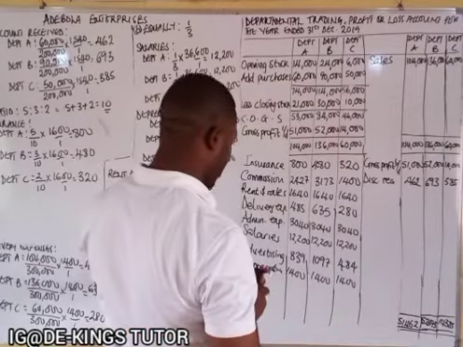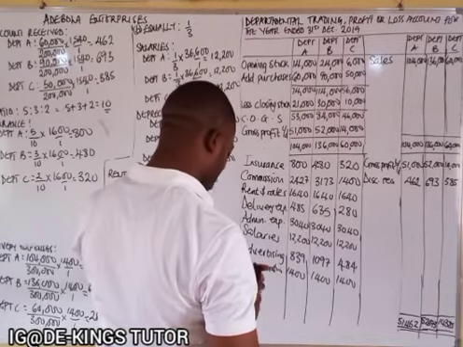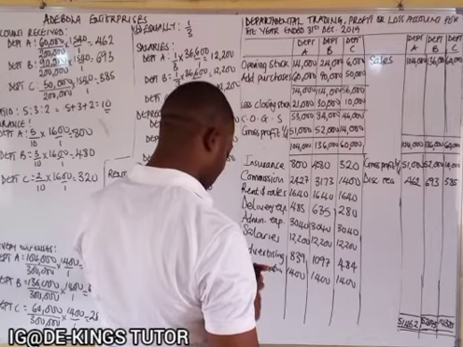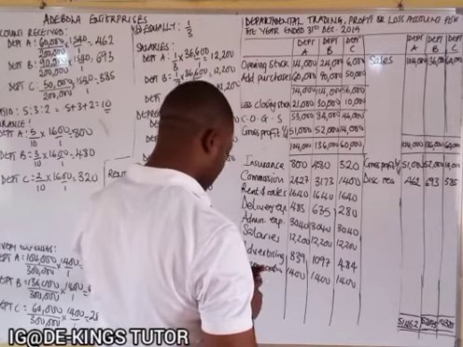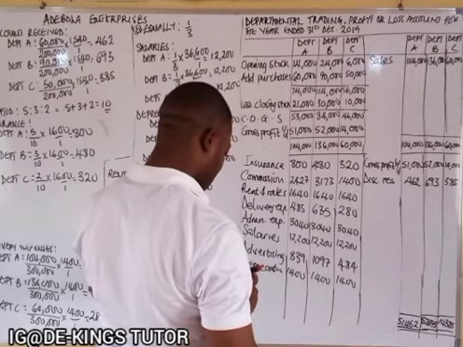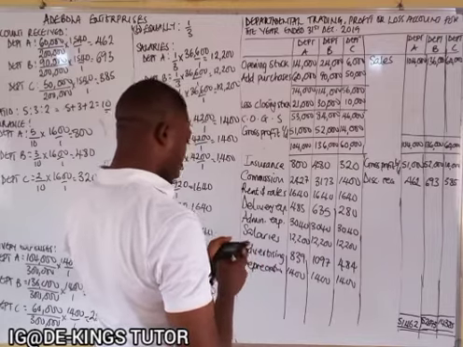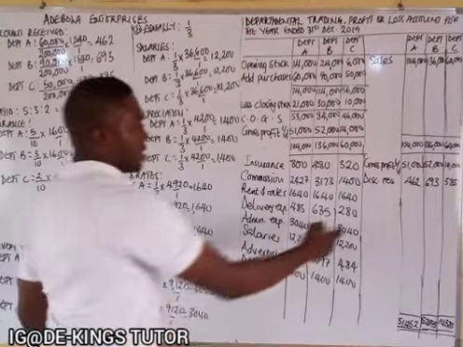Okay, so let's come to the expense side for Department A. We have 800 plus 2427 plus 1640 plus 485 plus 3040 plus 12,200 plus 839 and plus 14. It gives me 22,831. So it means here it's greater than this.